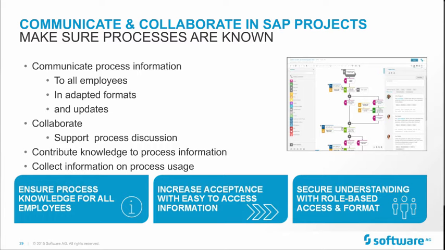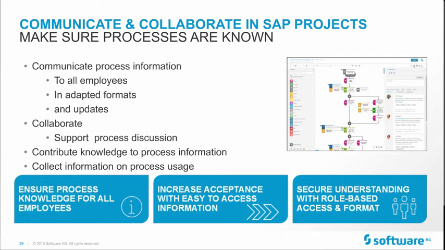And there we have a specific tool to publish this process information, for example, in your intranet, in your company internal portal, so that people can see the processes, so that you communicate this information to all employees.